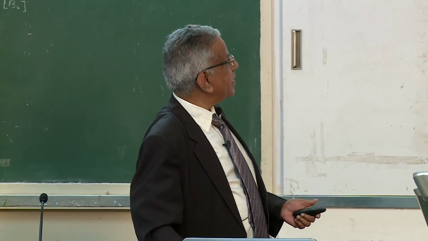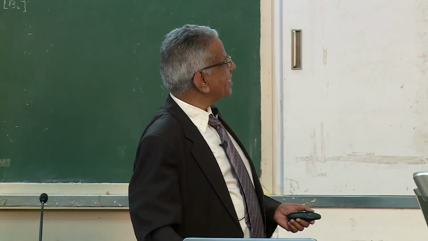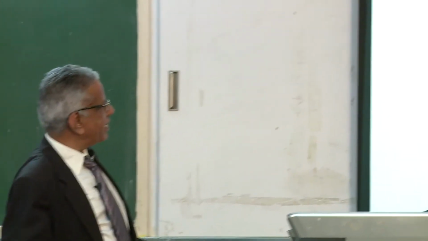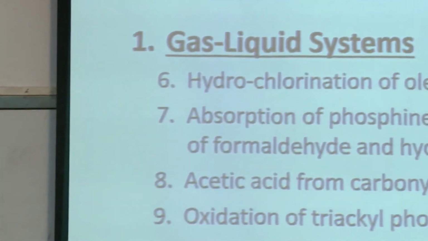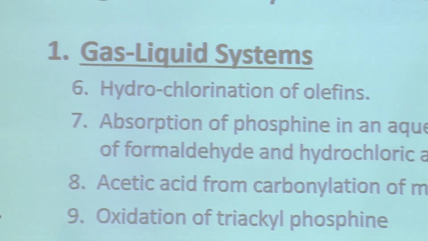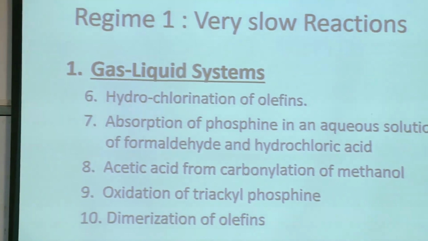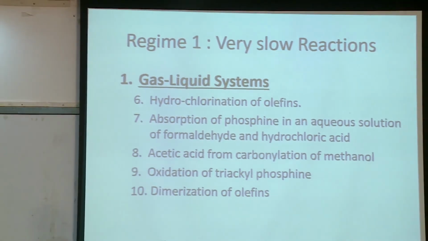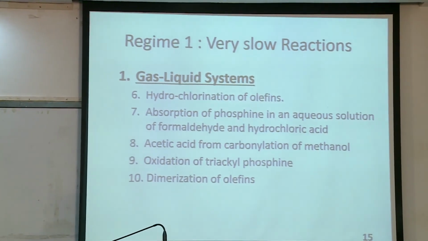So, the next one, hydrochlorination, absorption of phosphine, acetic acid from carbonylation of methanol. So, you take methanol, which is CH3OH, introduce CO, and you make CH3COOH, which is a slow reaction.